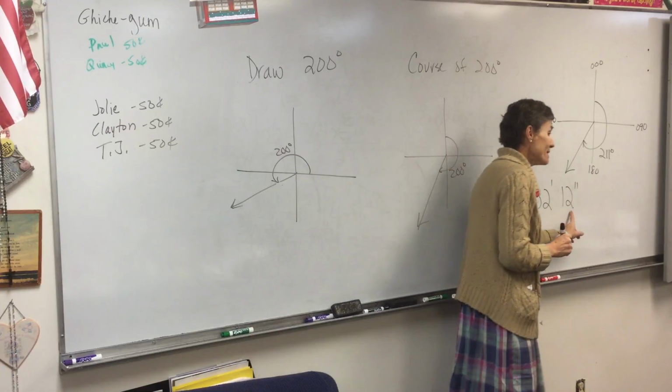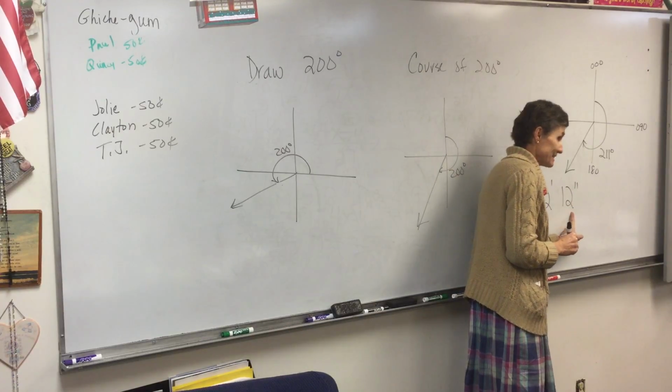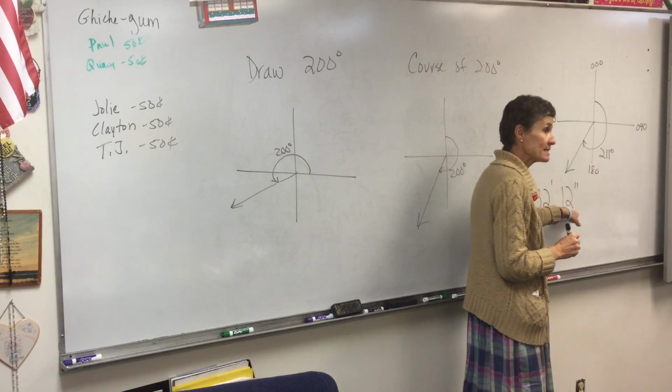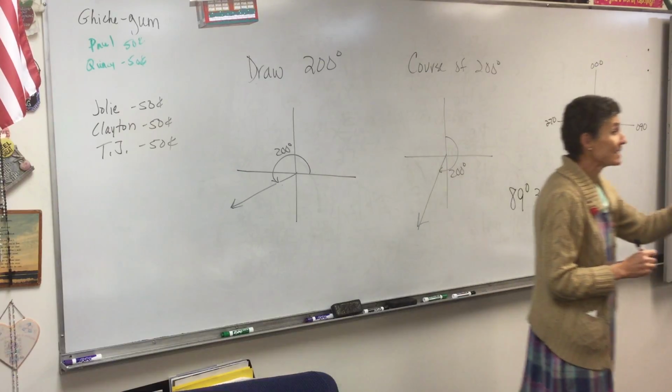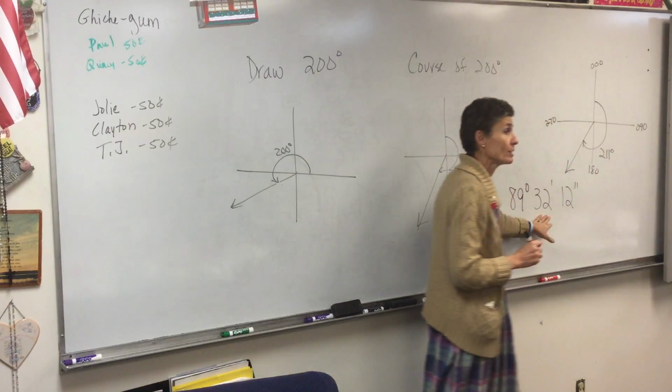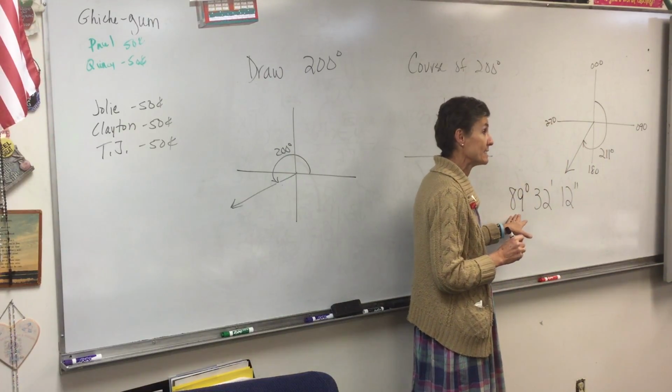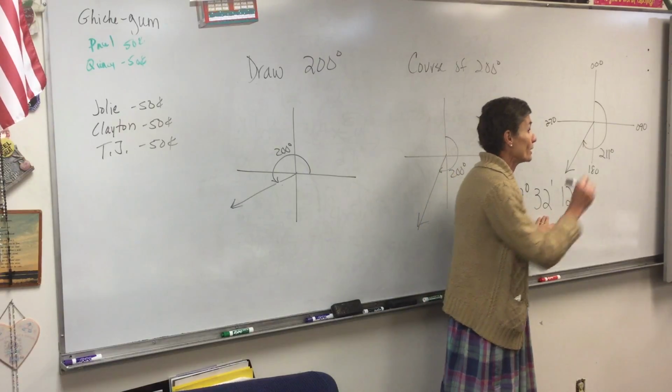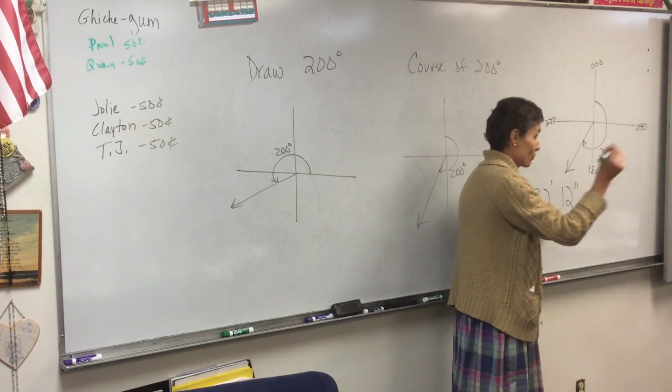Remember, how many of these are there? 60. So if this number of seconds is less than 30, you're going to round down. If it's more than 30, you're going to round up. It's just like a clock. There's 60 seconds in a minute and 60 minutes in a degree. So if I said round this to the nearest degree, it would go up to 90 because 32 is more than half. 30 is half.